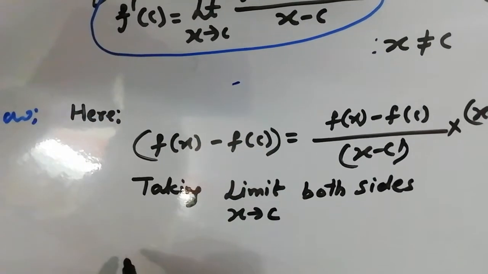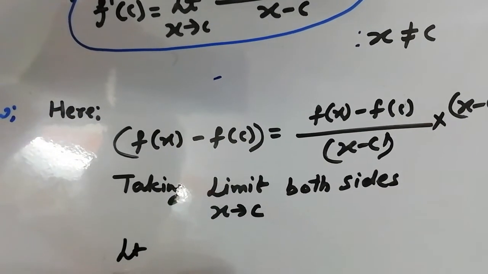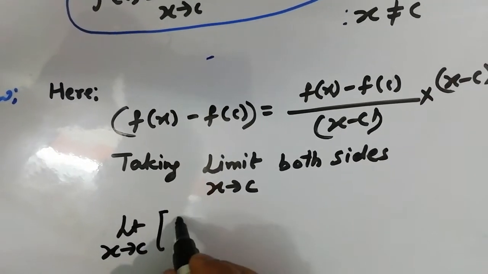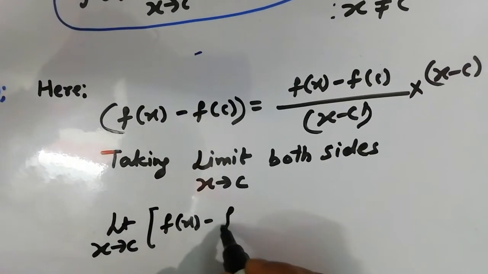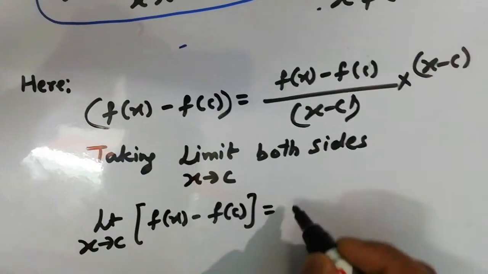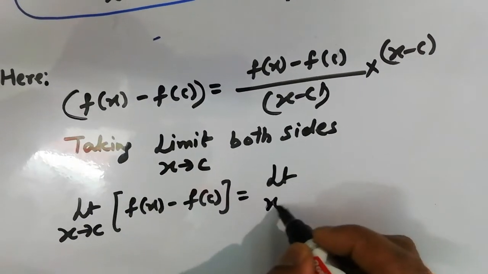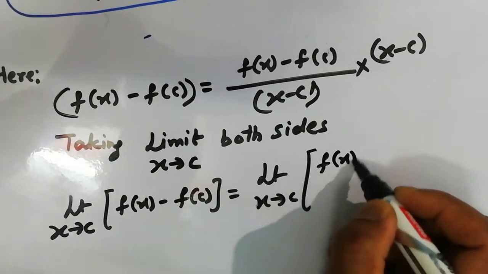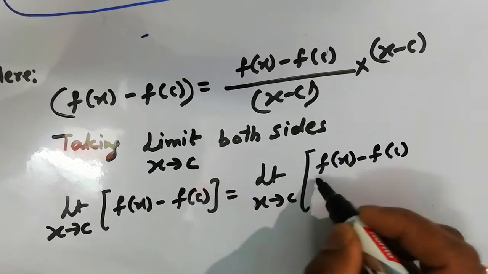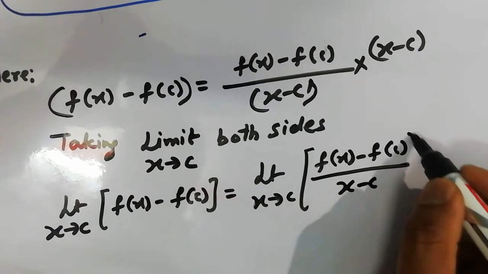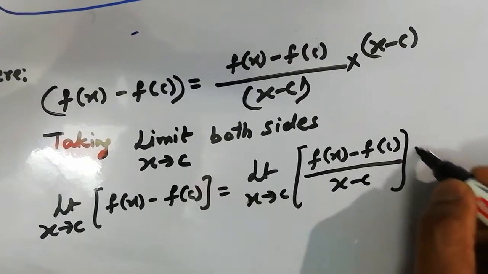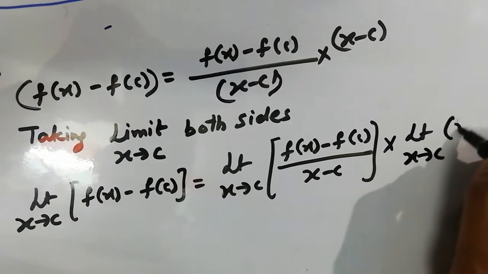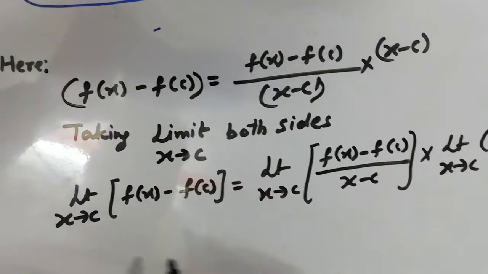When we are taking limits on both sides, then we have the limit as x approaches c of f of x minus f of c is equal to the limit as x approaches c of f of x minus f of c upon x minus c, into the limit as x approaches c of x minus c.